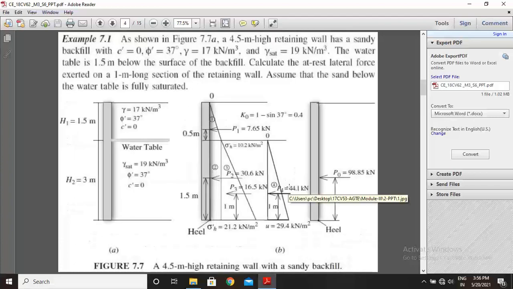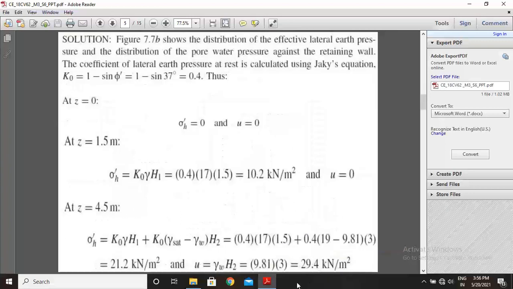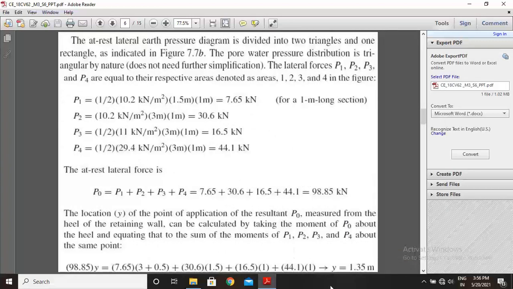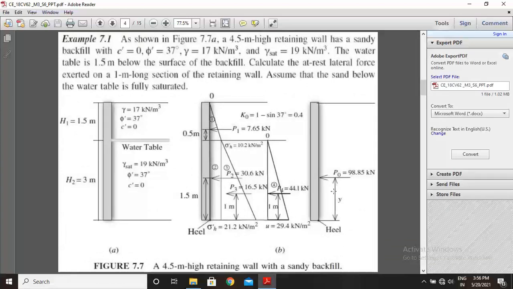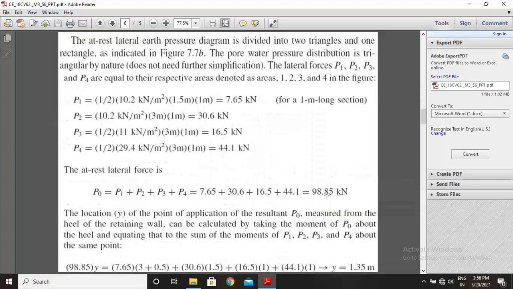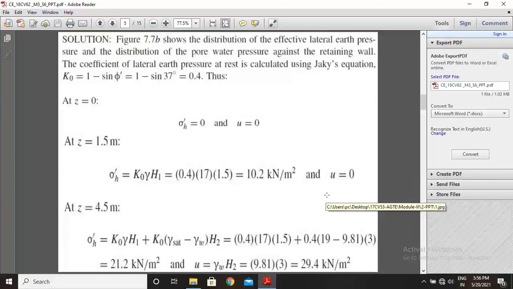See here, P4 into perpendicular distance, that is about the base, h by 3, that is 3 by 3 means 1 meter. So then finally we are getting Y is 1.35 meters. So means here P0 is acting at a distance Y, that is 1.35 meter. So this is the complete solution of this problem.